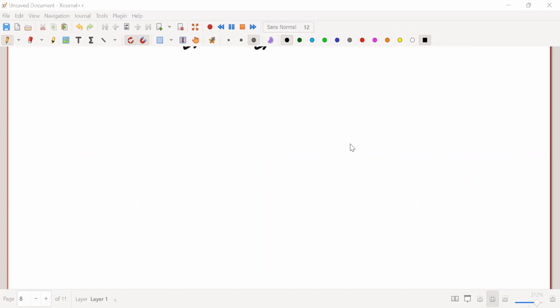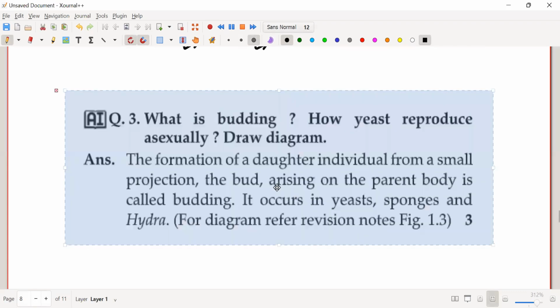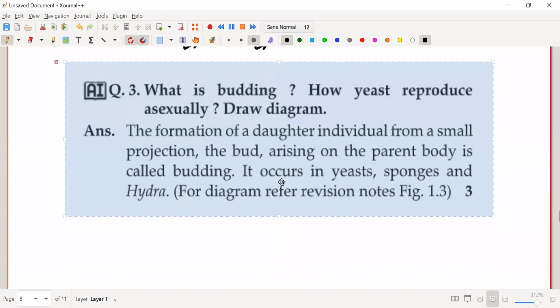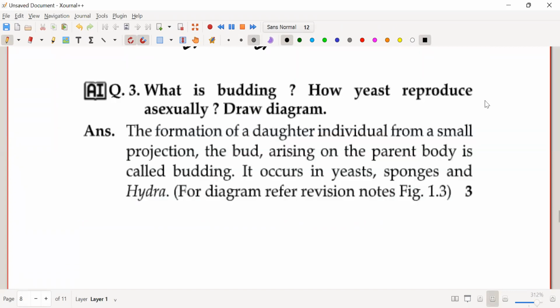Then the third question: what is budding? How does yeast reproduce asexually? Draw a diagram. The formation of daughter cells from a small projection, the bud, arising on the parental body is called budding. It occurs in yeast, sponges, and hydra.